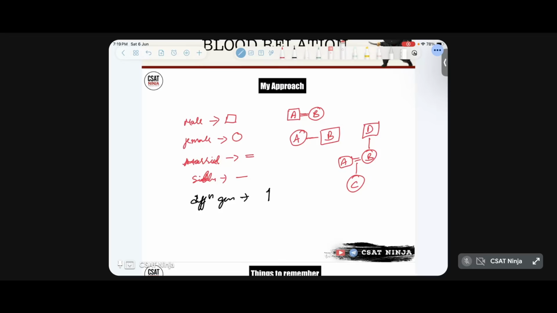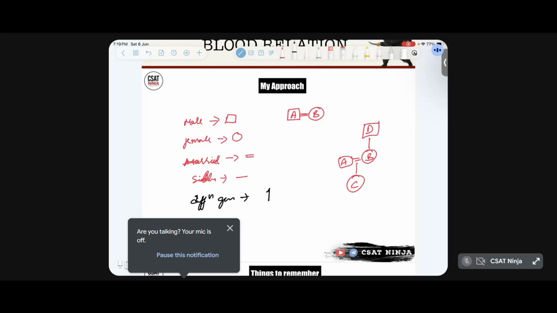A and B are a married couple and they have a daughter C there. And according to C, D is her grandfather. But there are two references we use in blood relation. Number one is we call it maternal grandfather or maternal grandparents, and the other one is paternal.